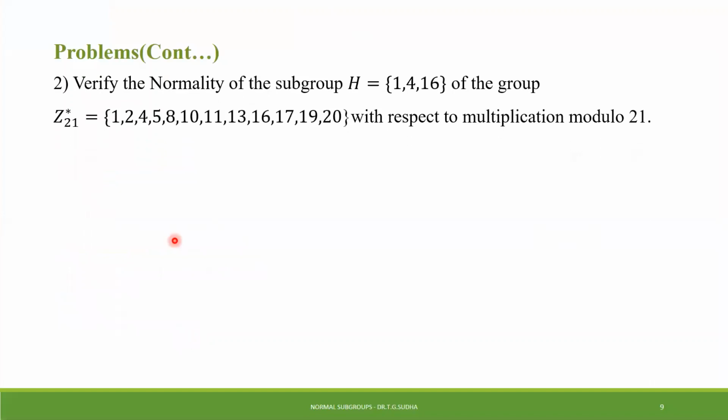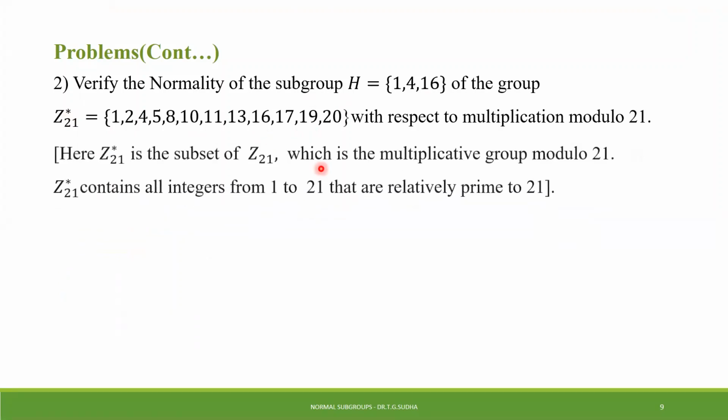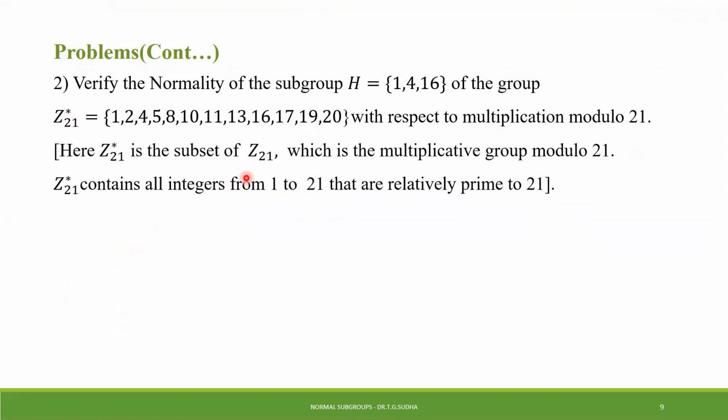Next problem is verify the normality of the subgroup H equal to 1, 4, 16 of the group Z21 star. Z21 star contains all those elements which are relatively prime to 21.